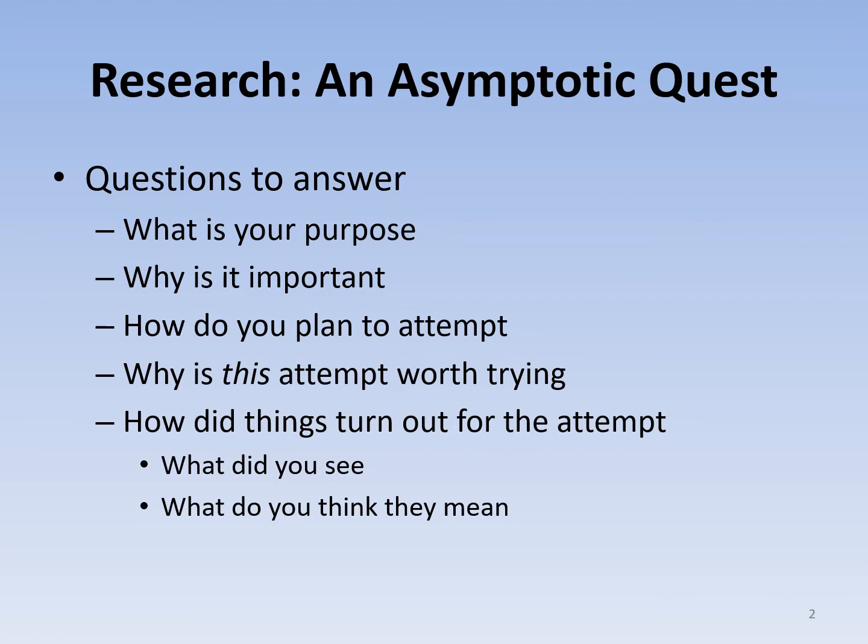You need to tell yourself clearly what is your purpose, what are you studying, why is it important, how do you plan to figure things out, and why is your plan going to work, and what are the eventual findings, and what do you interpret from your findings.